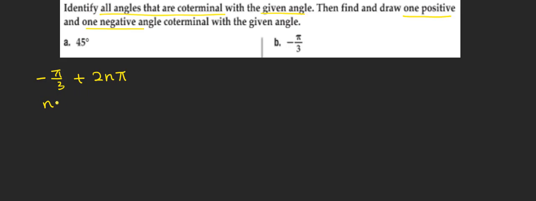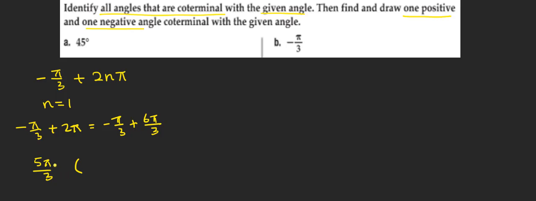So let's say n equals positive 1. Then you get negative pi over 3 plus 2 pi, which is going to be negative pi over 3 plus 6 pi over 3, which is going to be 5 pi over 3. Now remember, 5 pi over 3 is the same thing as 300 degrees.